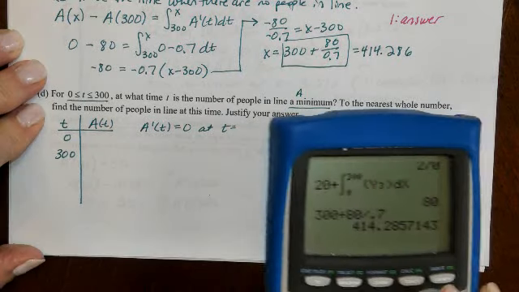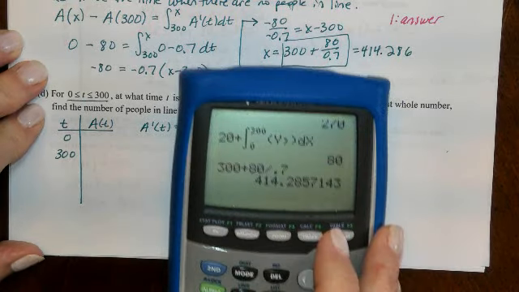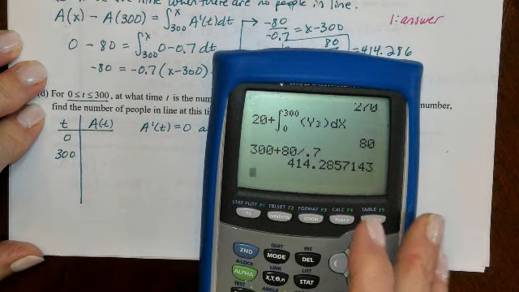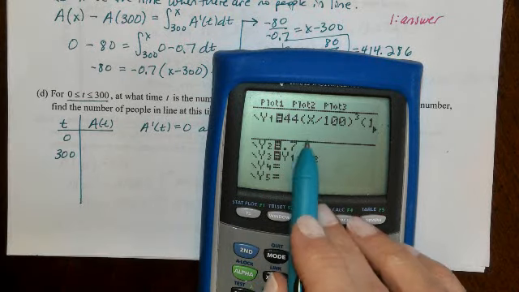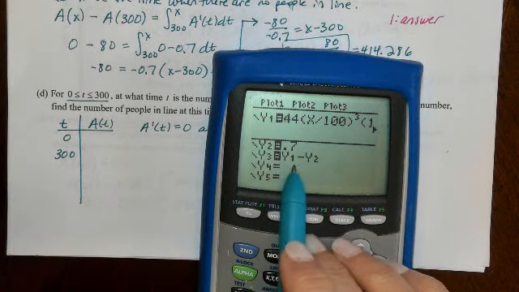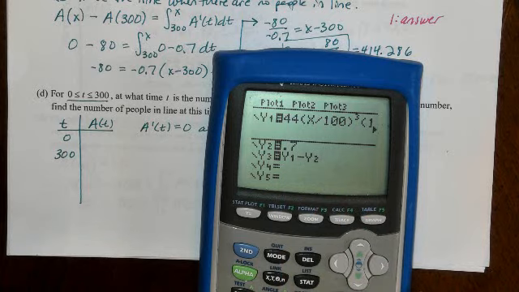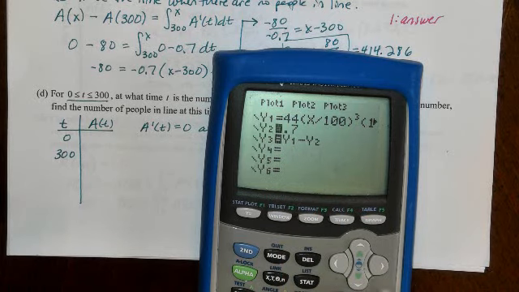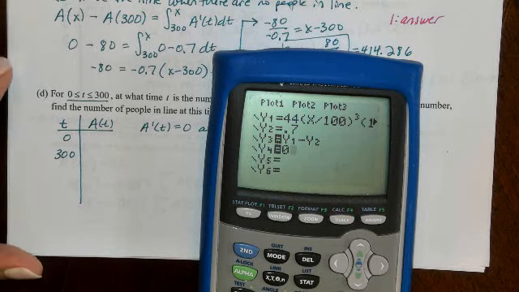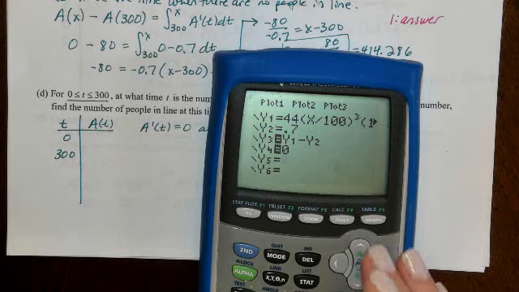Okay, so now back to my calculator. A prime, remember, is just our y3. So I'm going to turn off that graph and turn off that graph. And then down here, since I'm going to be finding where it's 0, I'm going to add 0 here so I can just use the intersection feature on the calculator.